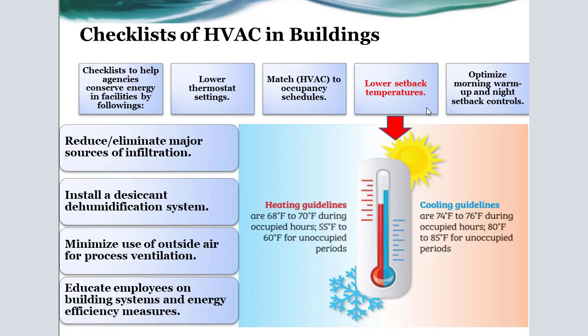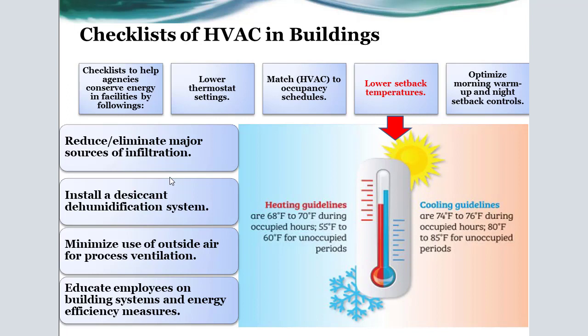This checklist also includes optimizing morning warm-up and night setback controls, reducing or eliminating major sources of infiltration, installing a desiccant dehumidification system, and minimizing the use of outside air for process ventilation.